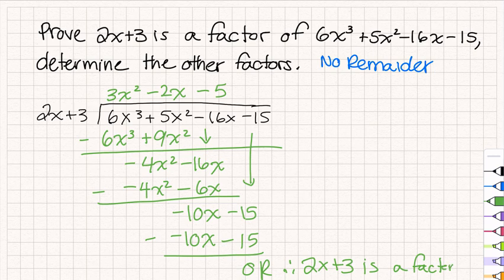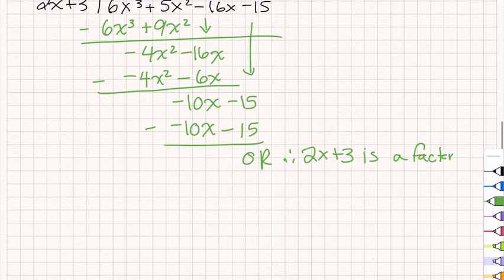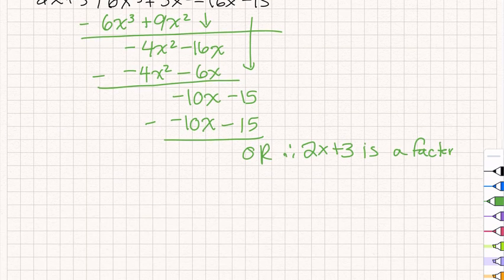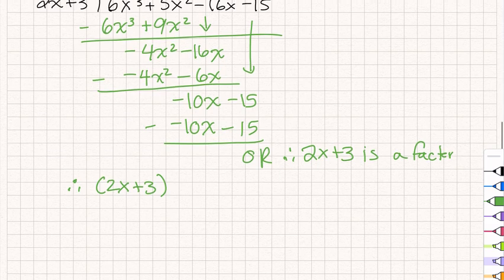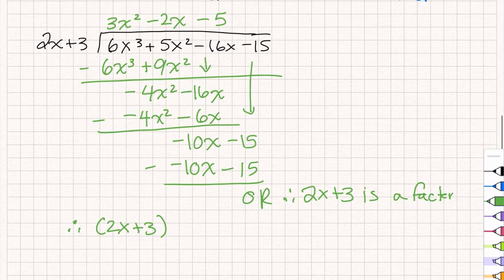Now, the question says, what are the other factors? Well, in order to find what the other factors are, so we have 2x plus 3 times 3x squared minus 2x minus 5.